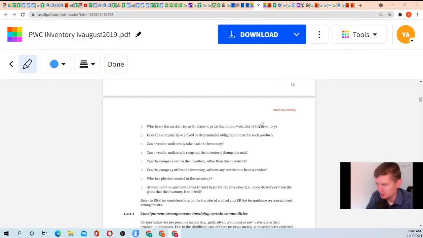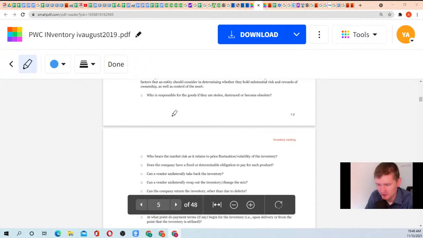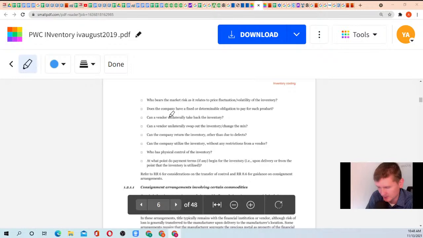So if you store some commodity, some oil, and technically that oil is owned by another person, but you will have to reimburse that person for the price fluctuations, that means that you kind of have exposure to that oil, and probably you need to recognize it as your own inventory.